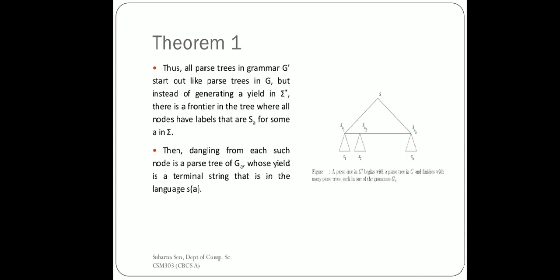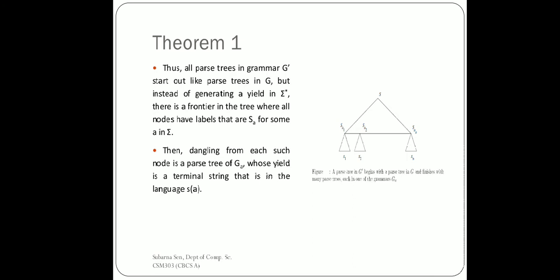But instead of generating a yield in sigma star, there is a frontier in the tree where all the nodes have labels that are SA for some A in sigma. I have already told you this, that if you draw the parse tree of the original grammar, we would start with S and would like to generate a parse tree which would yield a string W consisting of the alphabet over sigma, right?